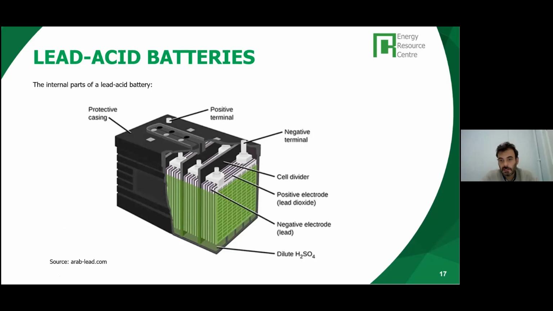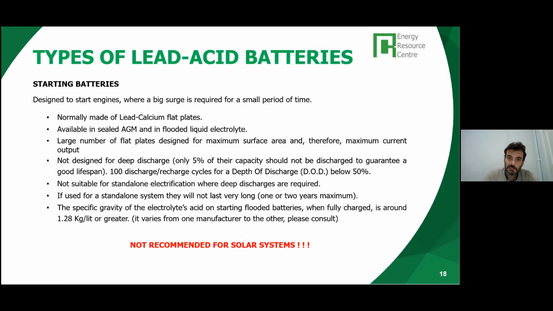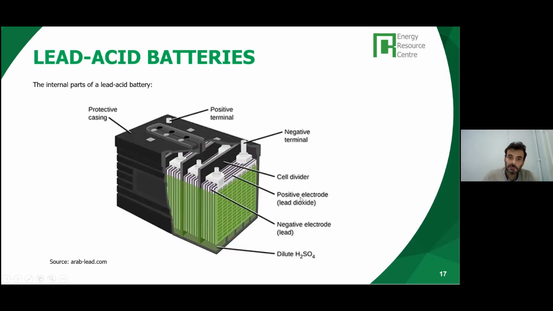Electrolyte is a dilution of water with sulfuric acid. This is why we call these batteries lead acid, because the plates in the electrodes are made of lead dioxide, the cathode, and solid lead in the anode. So this is the lead acid battery.